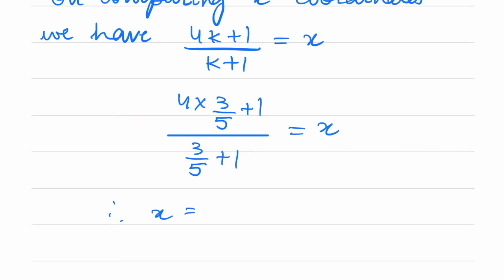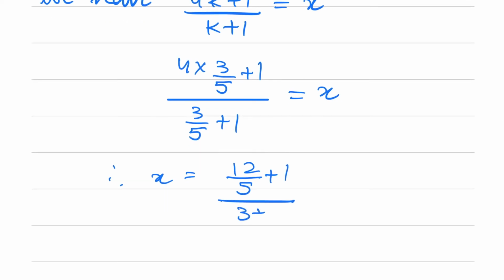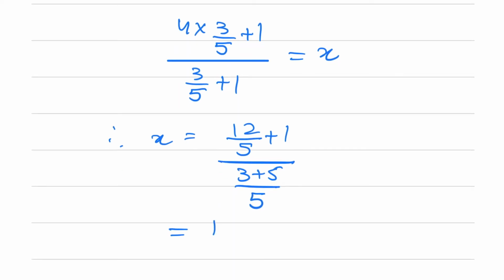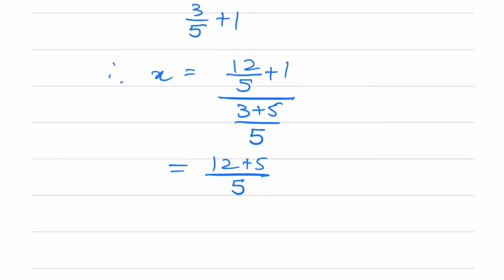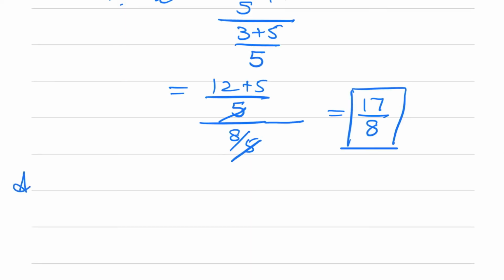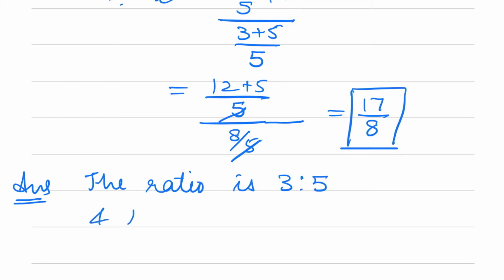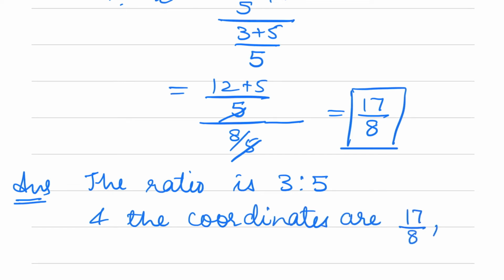Therefore, x is equal to (12 by 5 plus 1) divided by (3 plus 5 by 5), equal to (12 plus 5 by 5) over 8 by 5. 5 gets cancelled, so I get 17 by 8. Answer: the ratio is 3 is to 5 and the coordinates are 17 by 8 and 0.